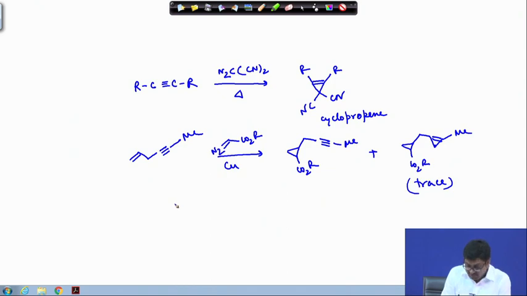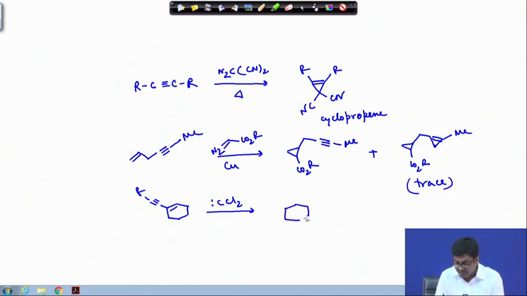In another example, if we take this cyclohexene-containing enyne type of derivative, then in the presence of dichlorocarbene, the olefin will react with the dichlorocarbene to give this cyclopropane-containing bicyclic compound.